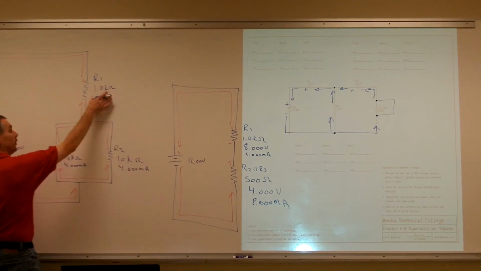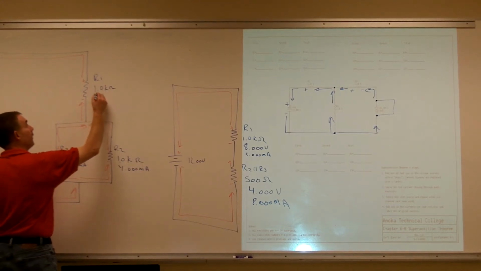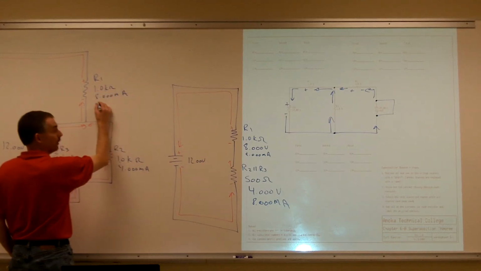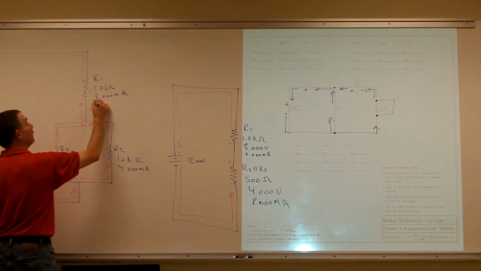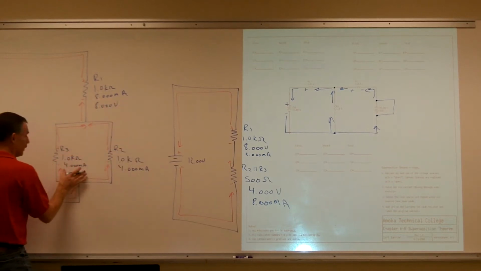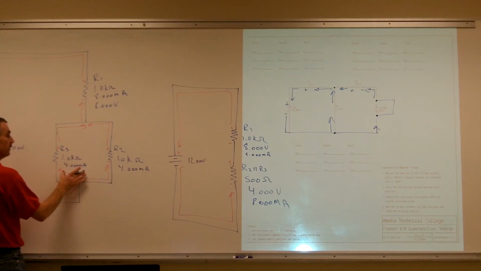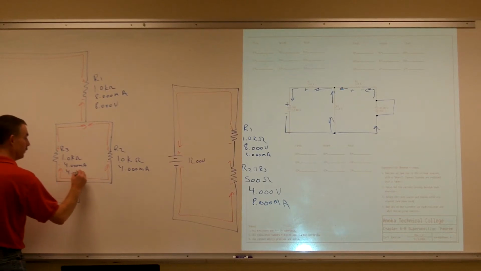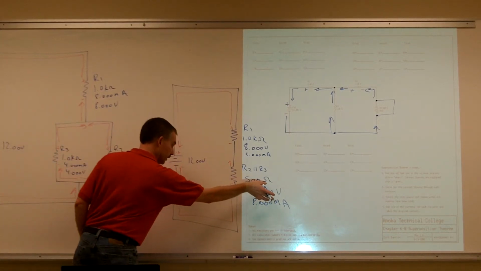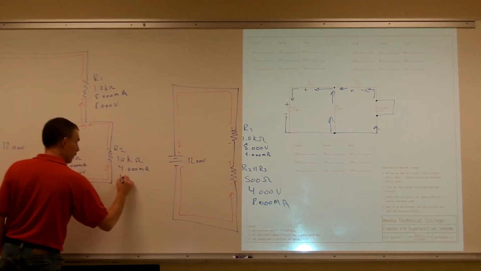Okay, how much current is going through R1? 8 milliamps. How much voltage is going across R1? 8 volts. How much voltage is going across R3? 4. Because what remains constant in a parallel circuit? Voltage. So all we have to do is take this voltage here and transfer it over to both of them.